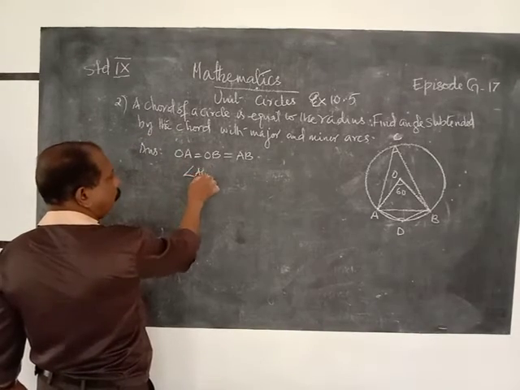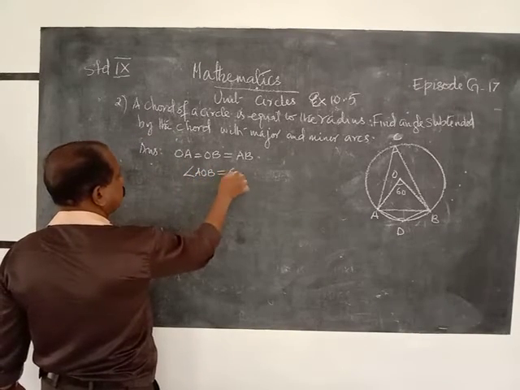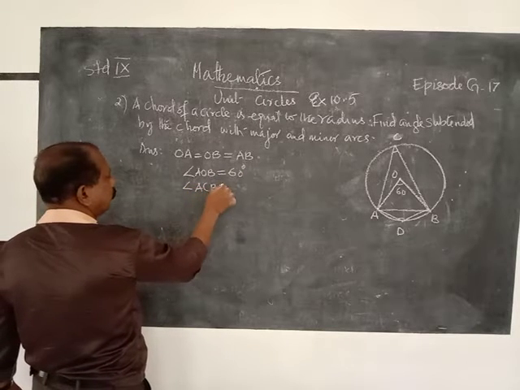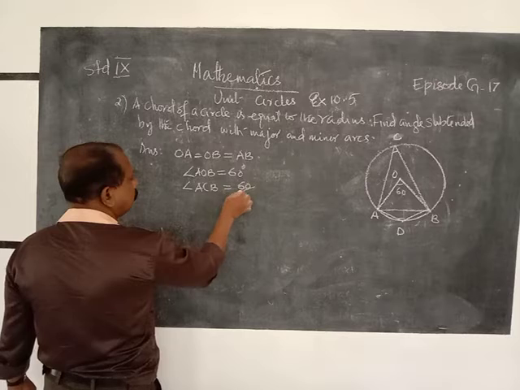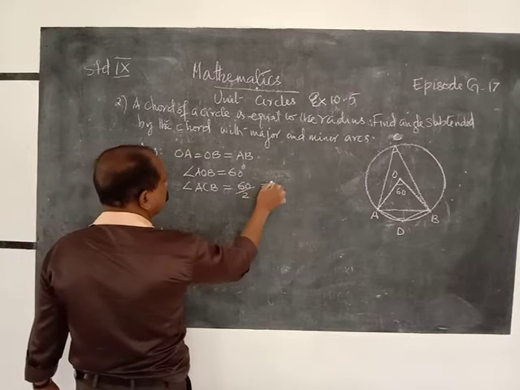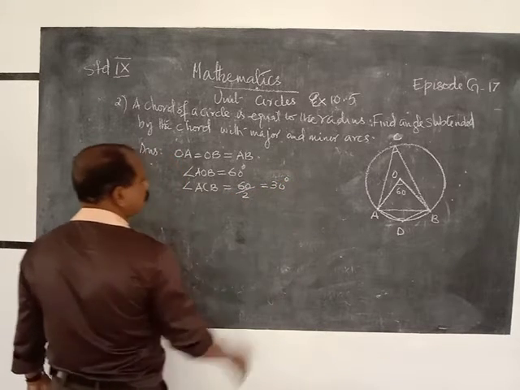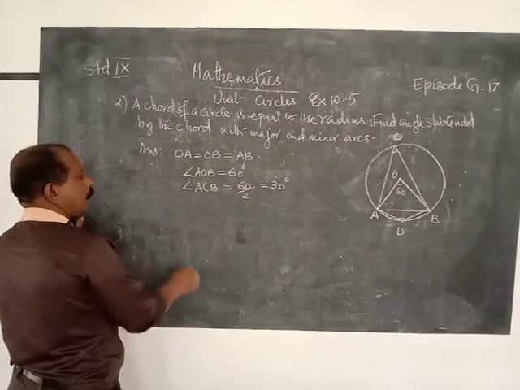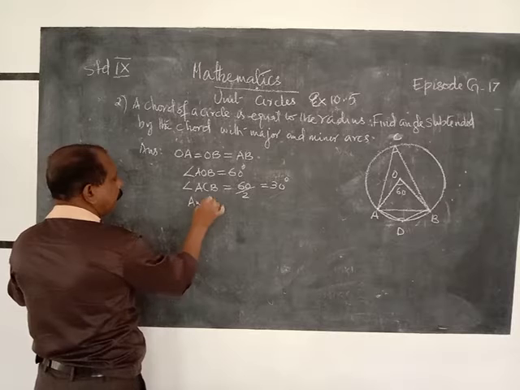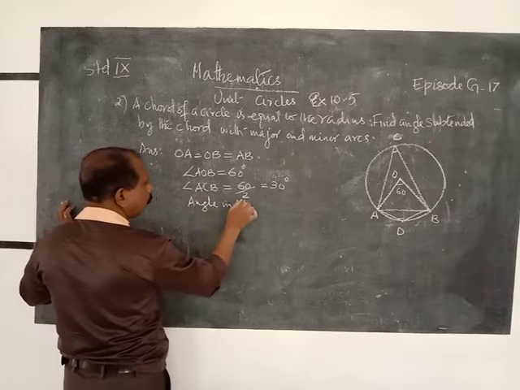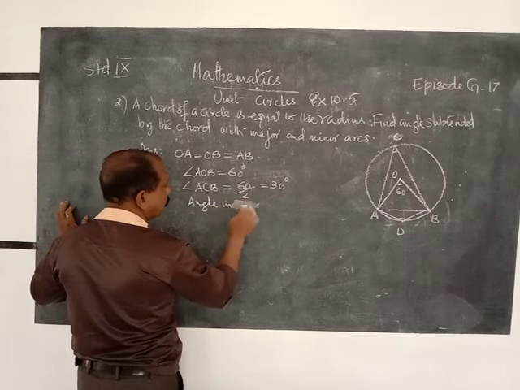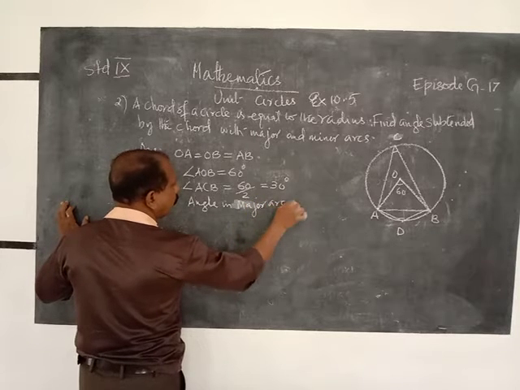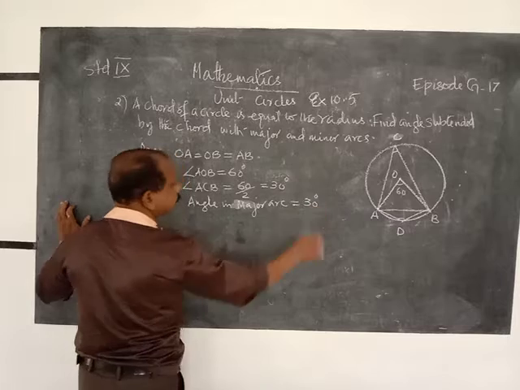Therefore, angle ACB is equal to 60 by 2, which is 30 degrees. That means the angle in the major arc is equal to 30 degrees.